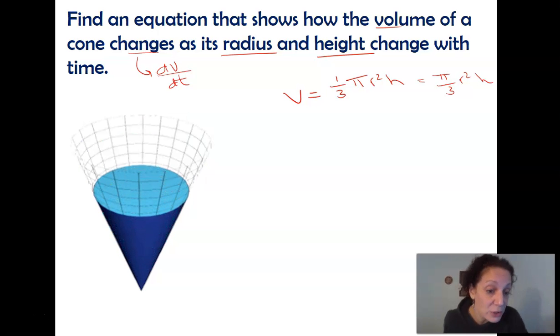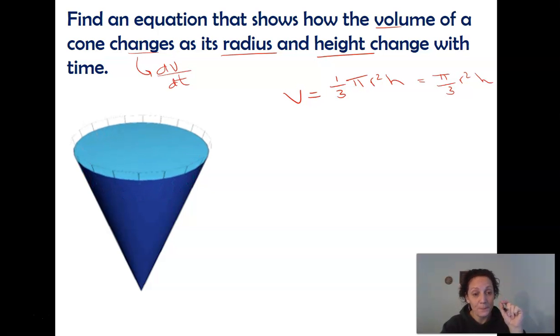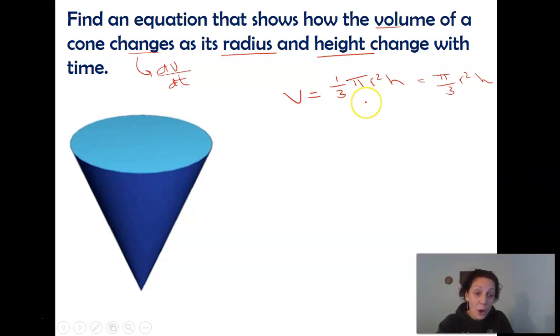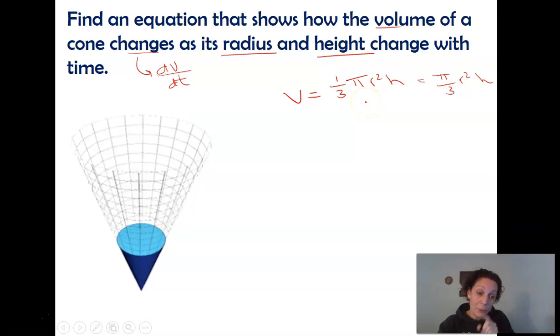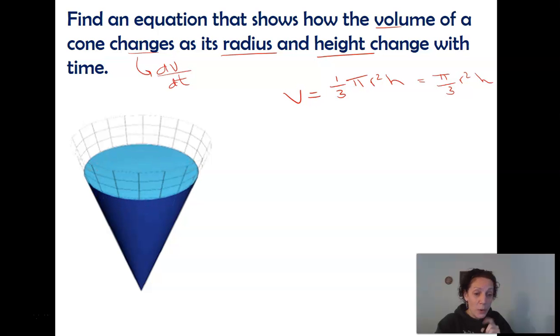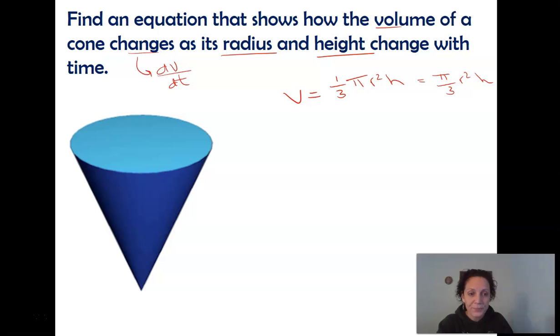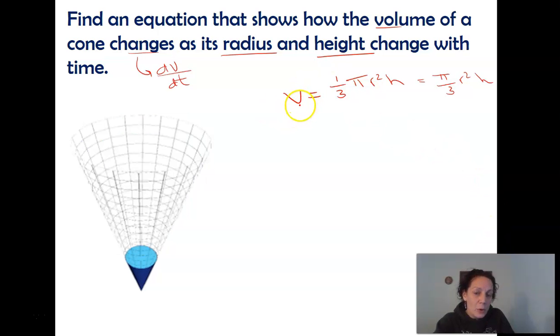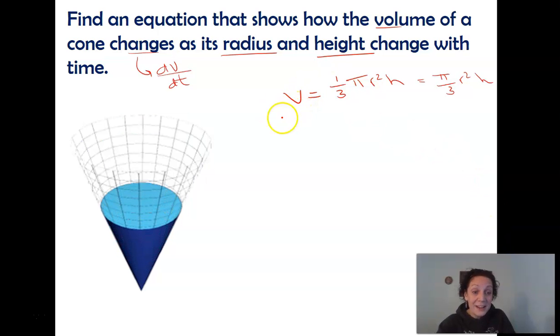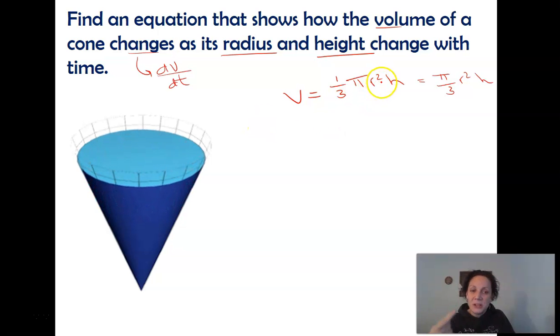One of the things you have to do, though, in these problems is always, always, always make sure that you have all of the information you're going to need before you get to doing calculus, because sometimes you got to get sneaky with these equations. And what I mean is this, and this is what I was saying about you get lots of information given to you. If you have a V in your equation, when you take the derivative, you're going to get a dV dt. If you have an r, you're going to end up with a dr dt.